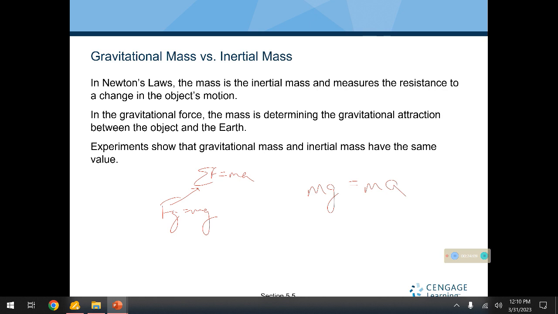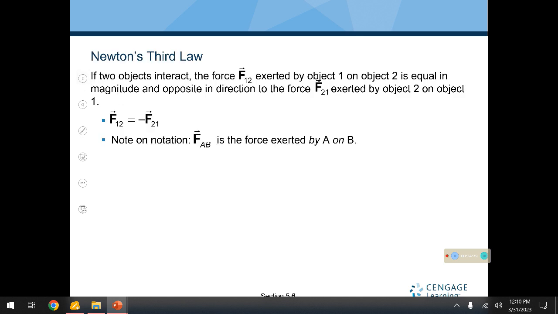It is weird that they cancel out, that there is no transitional factor whatsoever, in which case the acceleration, when there's only force of gravity on the object, is in fact g. That's a little bit strange because they are two different properties, but luckily for us, it kind of works out nicely in our favor. All right, so moving on. Experiments have shown gravitational mass and inertial mass have the exact same value.